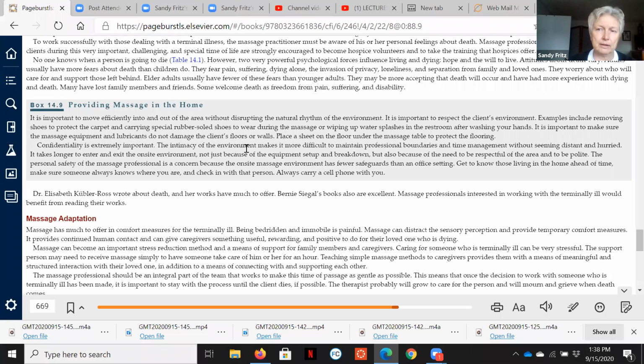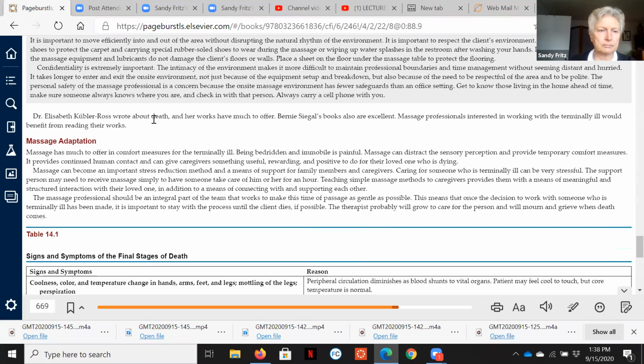We talked about that in the business chapter. But there are some accommodations, some things that you can do to help you move in and out of that environment, not just in hospice care, but across the board. And here are some suggestions for that. There are additional resources.